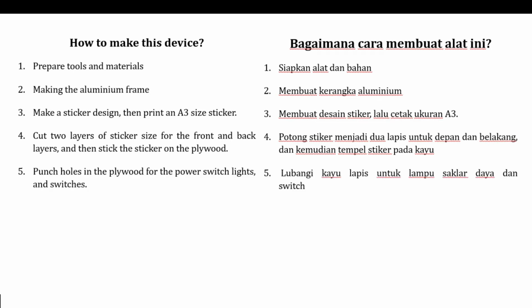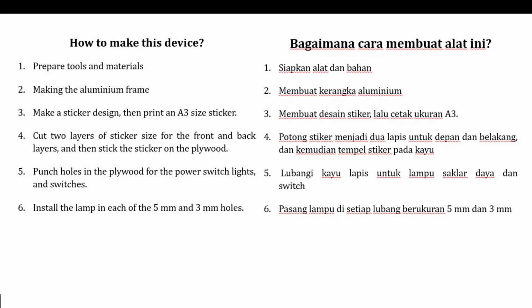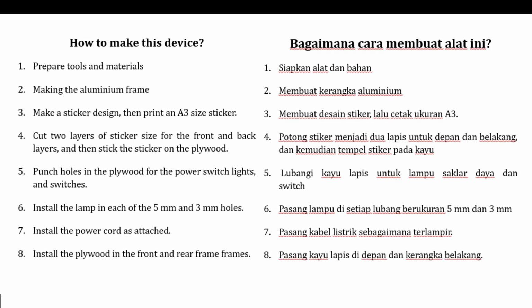Put holes in the polywood for the power switch, light and switch. 6. Install the lamp in each of the 5 mm and 3 mm holes. 7. Install the power cord as attached. 8. Install the polywood in the front and rear frames.